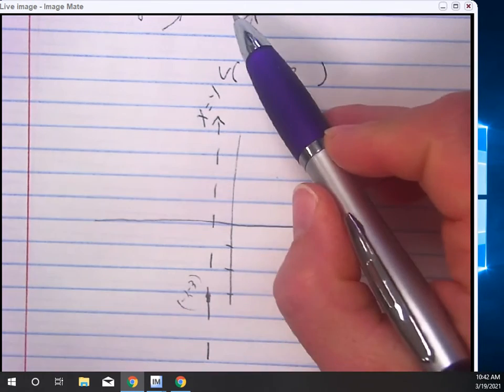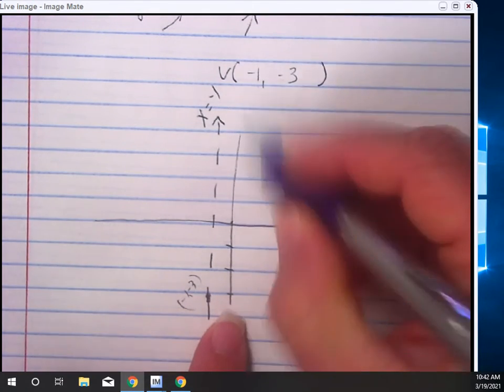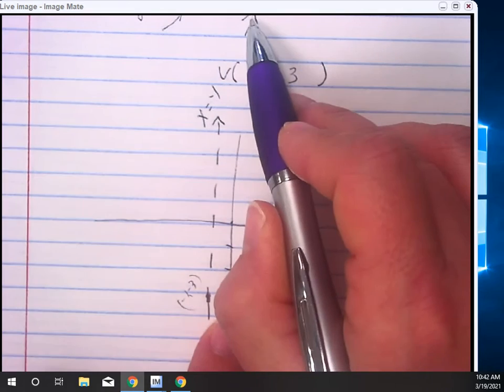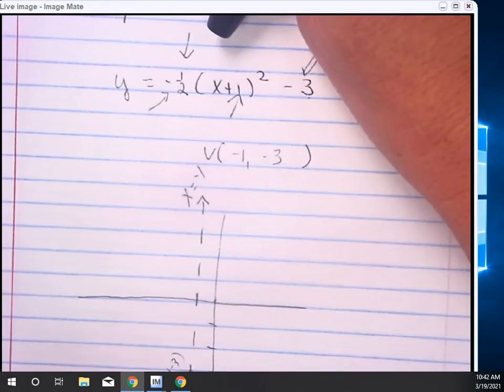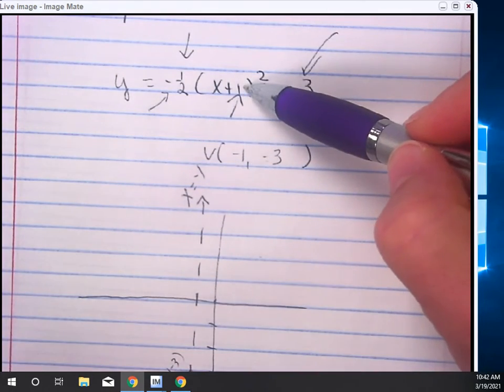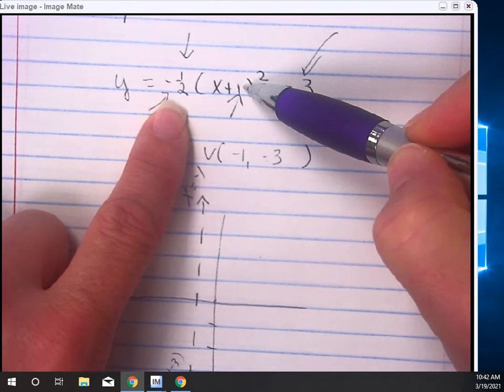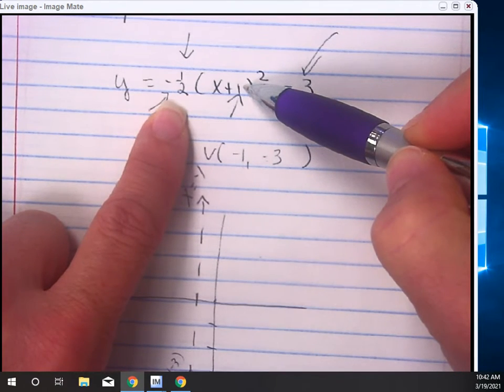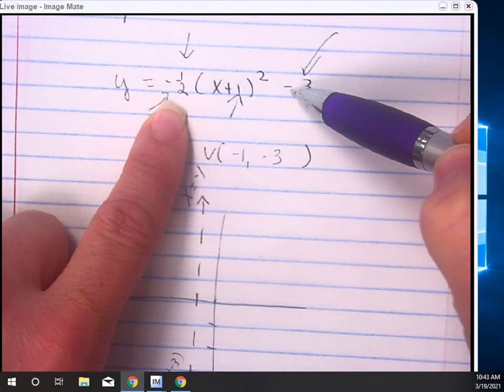If I put a 0 in for my x, what is 0 plus 1? What's 1 squared? What's half of 1? So it's a half. Are you with me? What's a half minus 3?